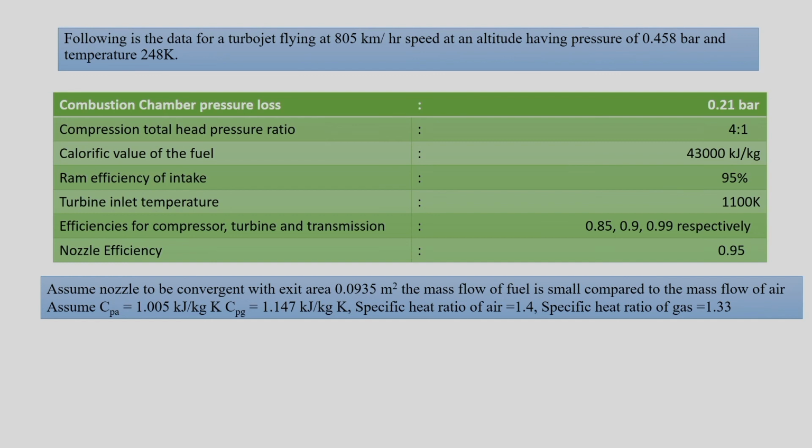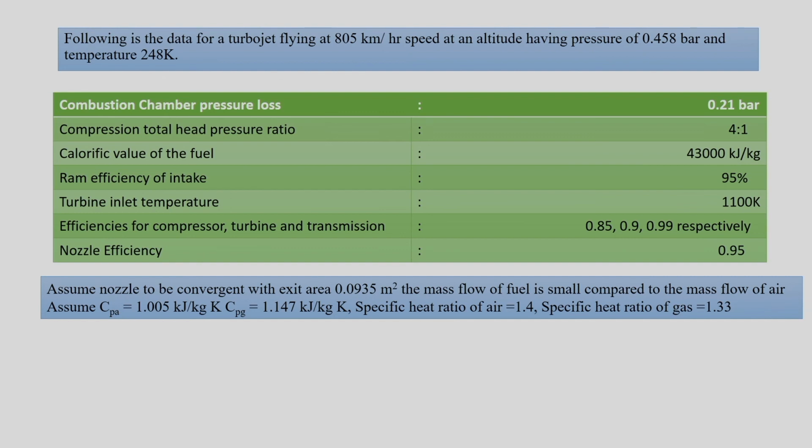Combustion chamber pressure loss is given as 0.21 bar. Compression total pressure ratio, or compressor ratio, is given as 4:1. Calorific value of fuel is given as 43,000 kilojoule per kg, which is 43 megajoule per kg. RAM efficiency of intake is given as 95%. Turbine inlet temperature is given as 1100 Kelvin.